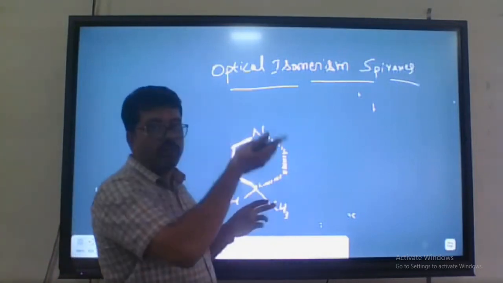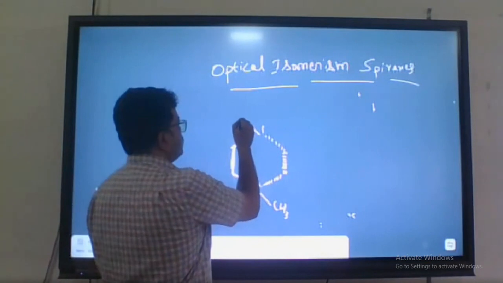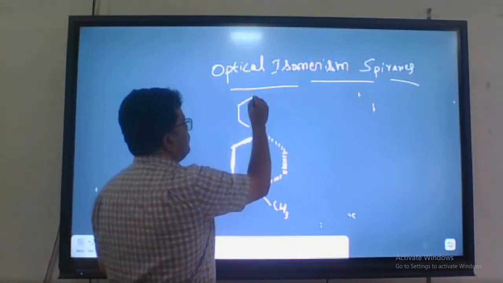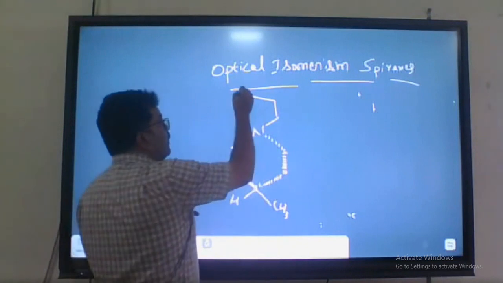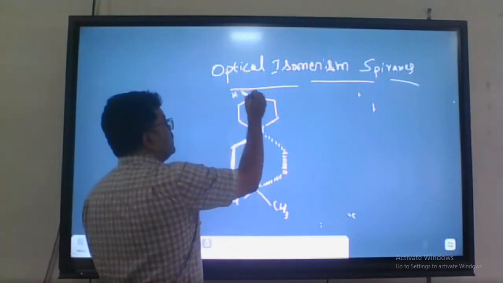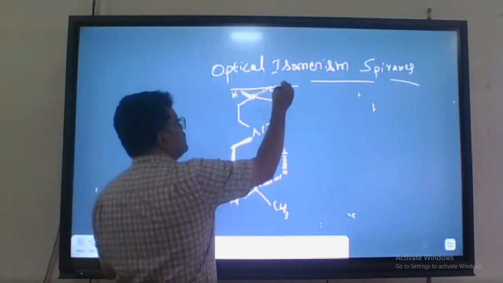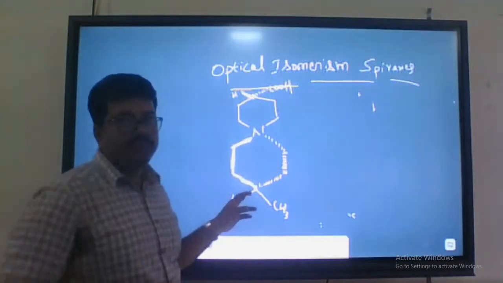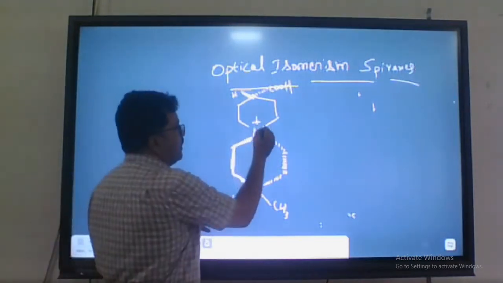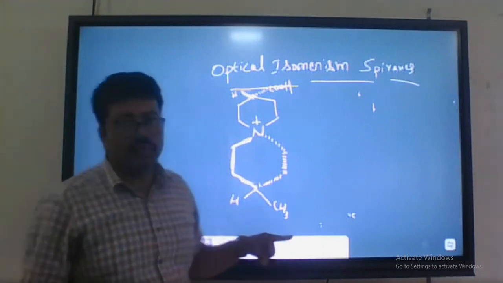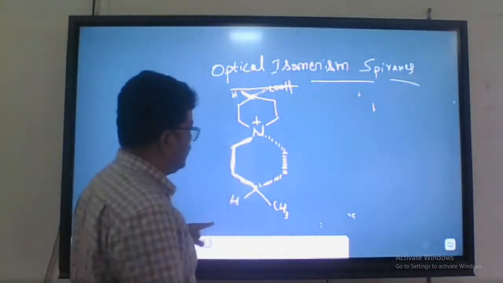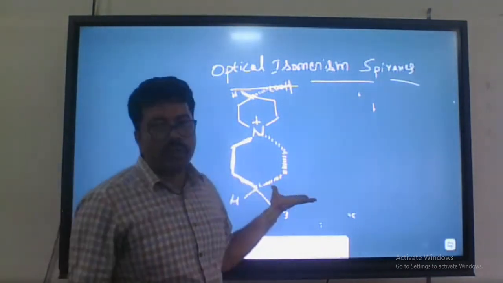Next molecule. This is H and this is COOH. Here nitrogen is tetravalent, that's why it takes a plus charge. So this is the compound.